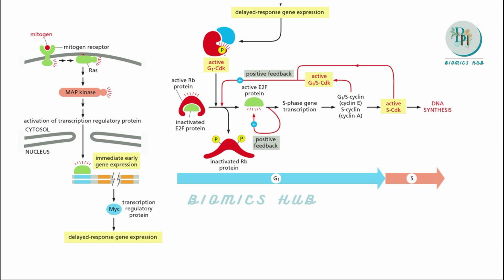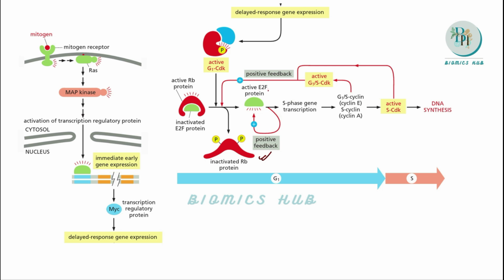This complex phosphorylates the RB which is binding with the E2F and inactivating it. When the cyclin-CDK complex helps in the activation, RB is now in the inactive form. Here the RB is in the inactivated form.